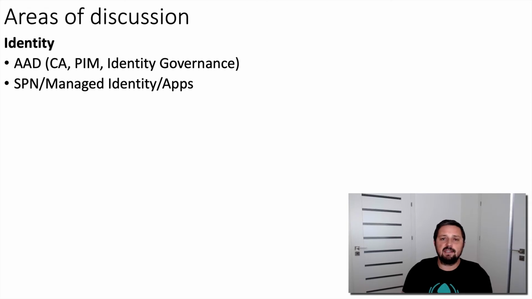So let's start with identity. Identity is not an easy thing, especially if you think of Azure, maybe another cloud provider, and then you add the solution you have, and you want to integrate those with functionalities like conditional access, privileged identity management, or identity governance.